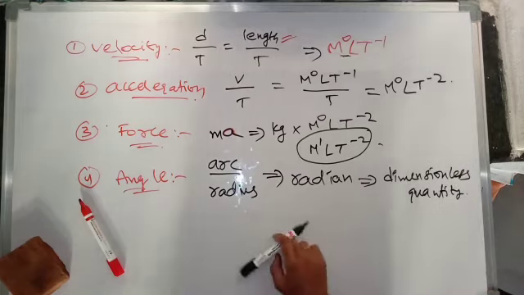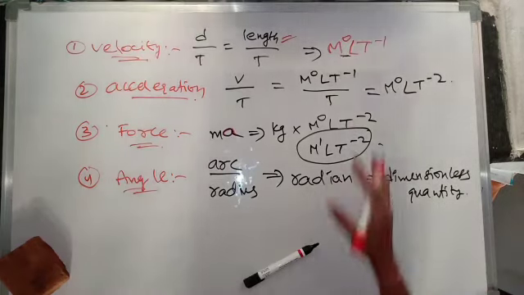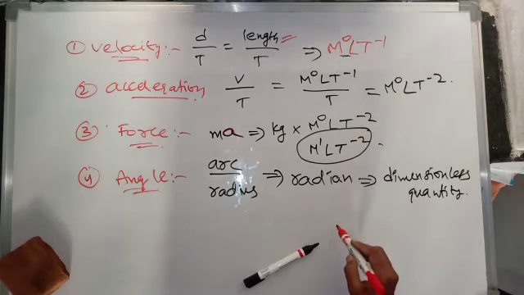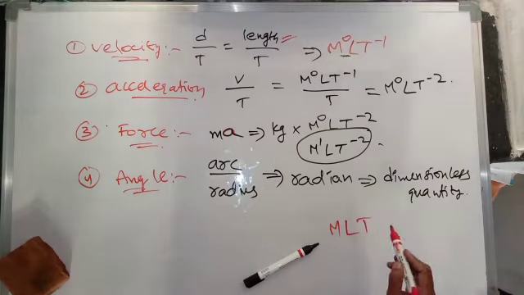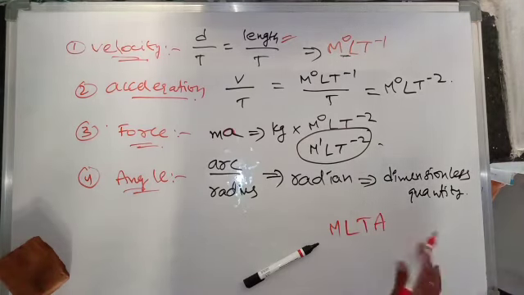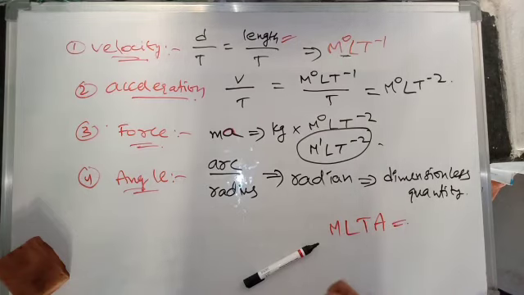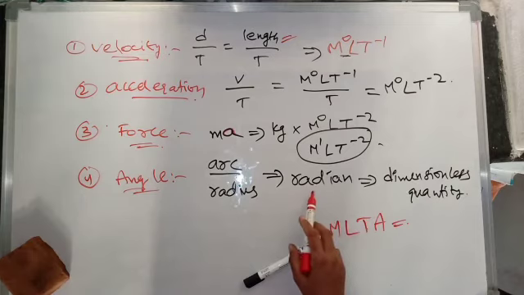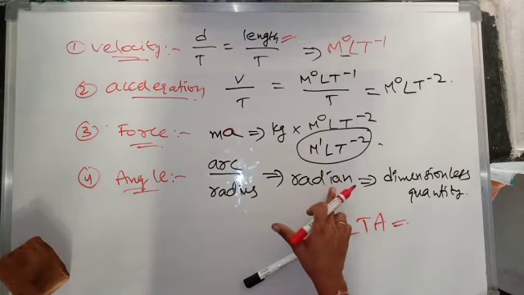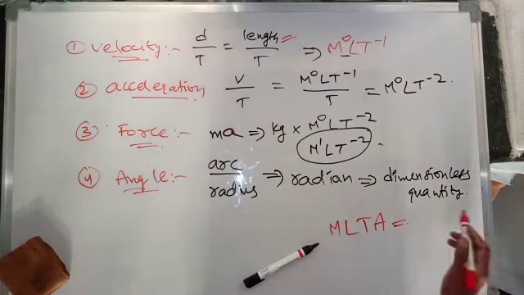Why dimensionless? Because dimensional formulas are written in terms of mass, length, time, ampere and so on, but here mass, length and time are absent.